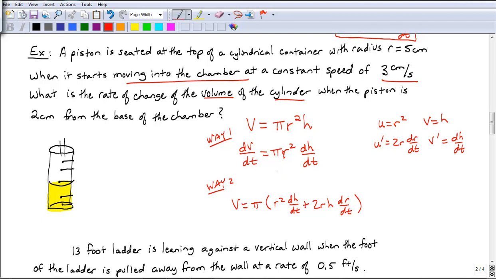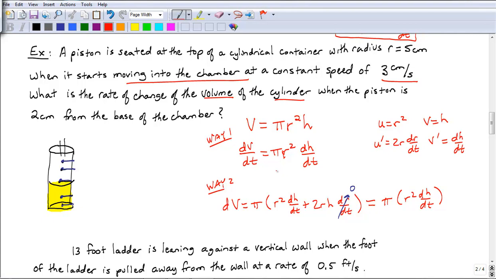But if you look here, dr dt is going to be 0 because the radius doesn't change as this thing empties. So if you use the product rule, it would be at this point right here that you'd have to recognize that the radius doesn't change. And I would get pi times r squared dh dt, which is just what I got before.